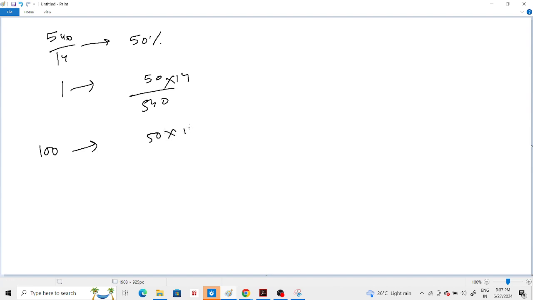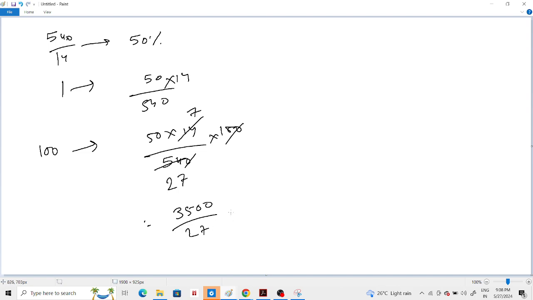So 100 liters is equivalent to 540 into 14. So it's coming a very high value.